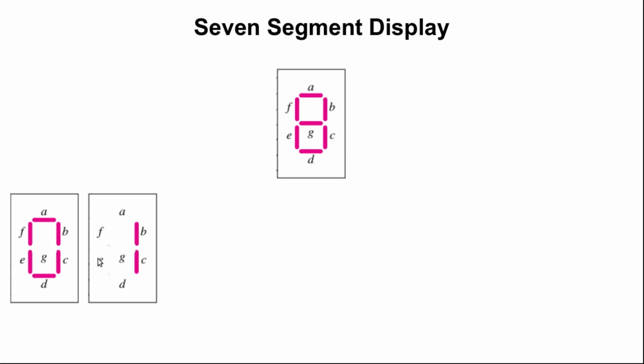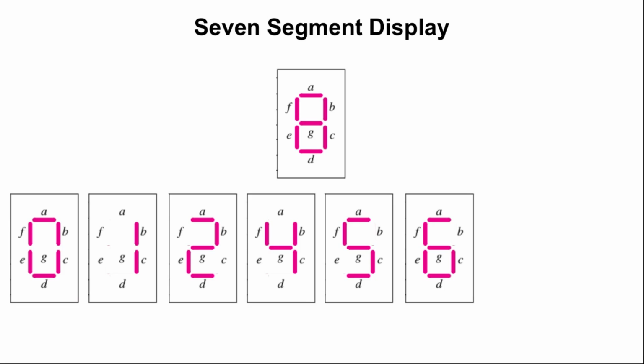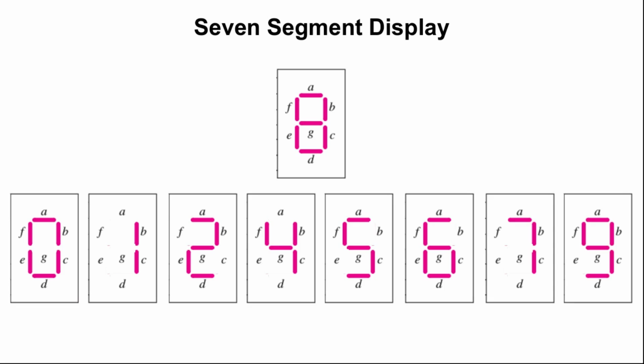If we have to display 1, then only the segments B and C will be on and all other LEDs will be off. Same thing, this is how we can represent the decimal digit 2, then 4, 5, 6, 7, 8 is already represented, and then 9.